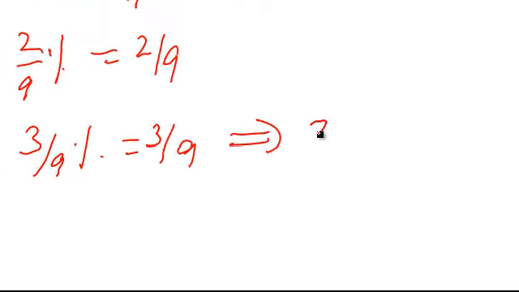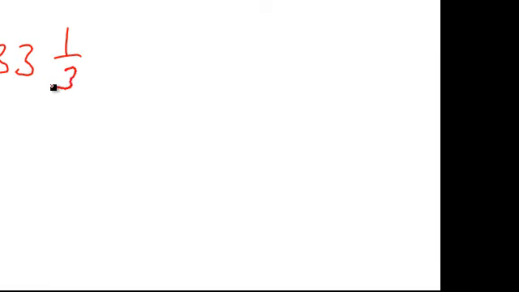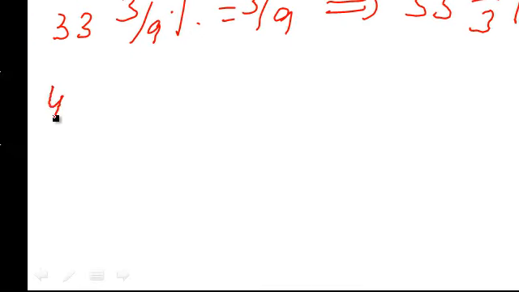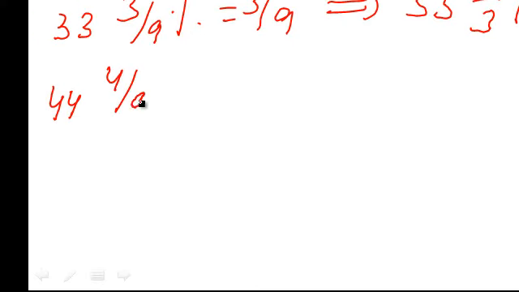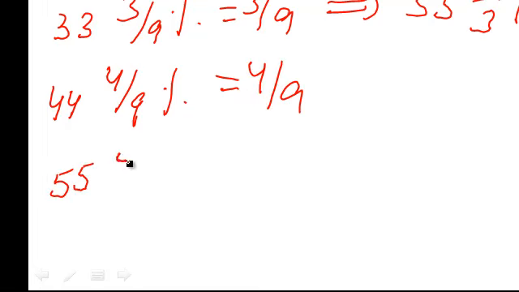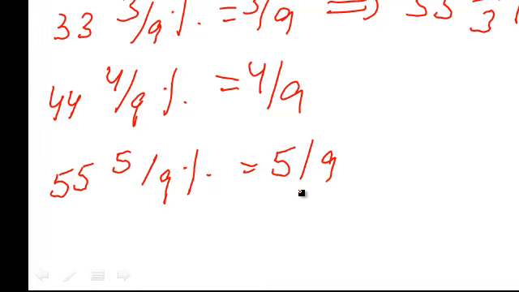We can further reduce it to 33 1 by 3%, that is 1 by 3. Multiplying the first value on both sides by 4, 44 4 by 9% is 4 by 9. 55 5 by 9% is 5 by 9, and so on.